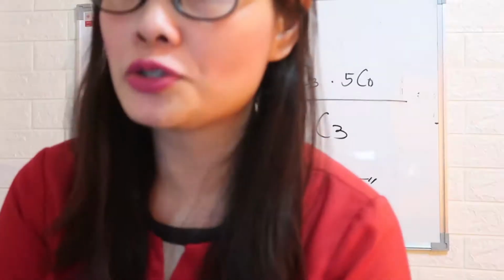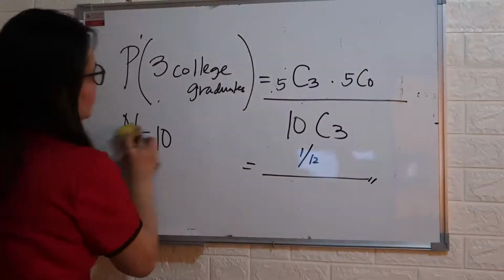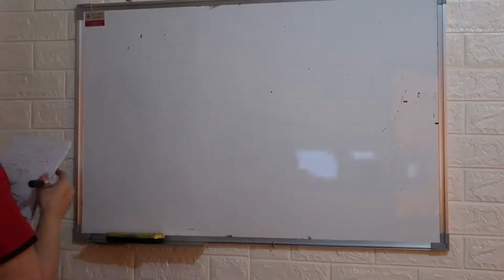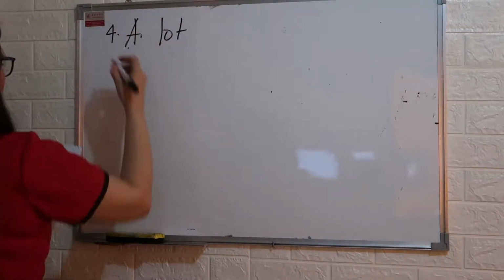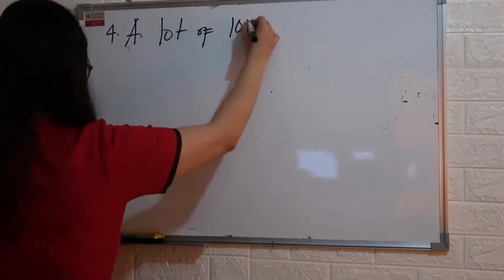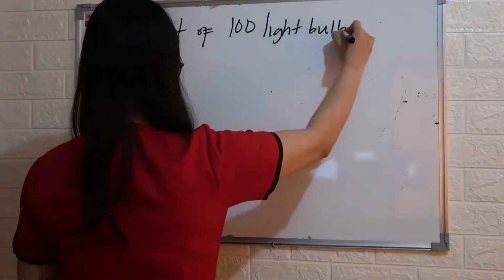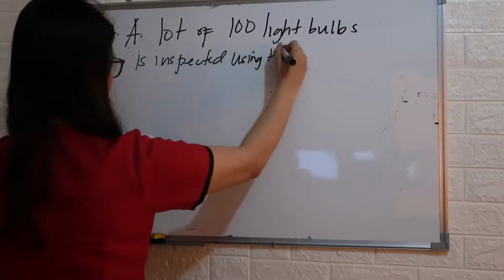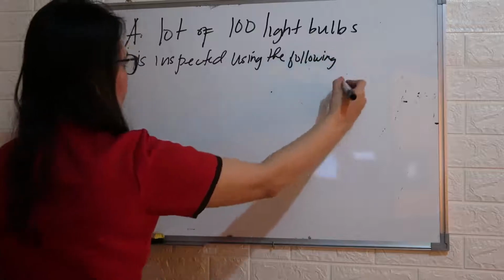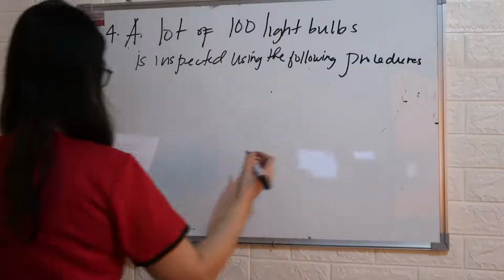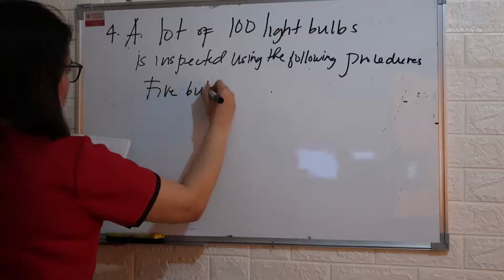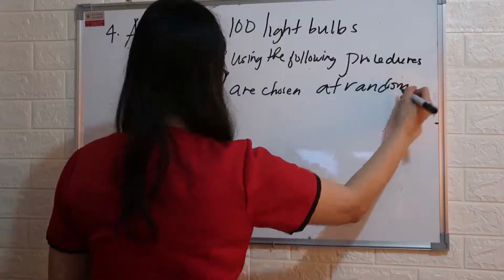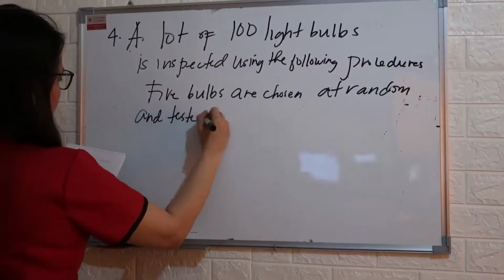Another example, before we proceed to Poisson probability distribution. For example, a lot of 100 light bulbs is inspected using the following procedures. First, 5 bulbs are chosen at random and tested.